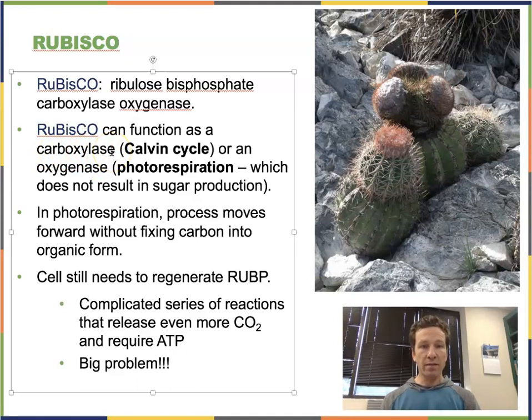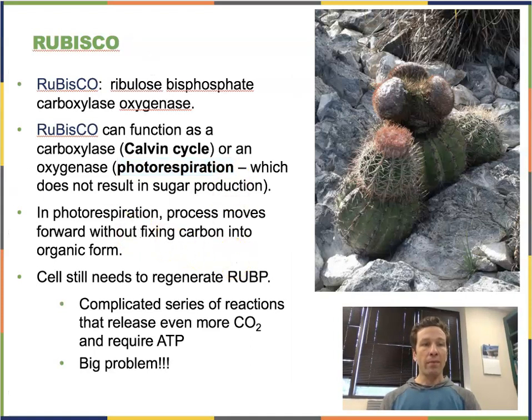It goes into the active site, it prevents carbon dioxide from doing so, and the oxygen is then instead used as a substrate. This process, when oxygen comes in instead, is called photorespiration. Unlike the Calvin cycle, photorespiration does not result in sugar production.